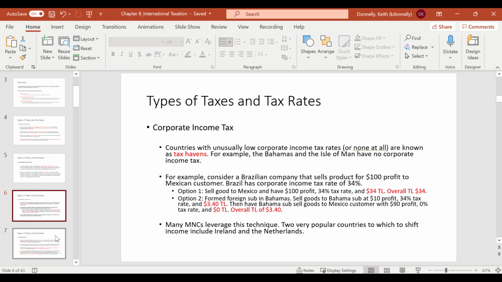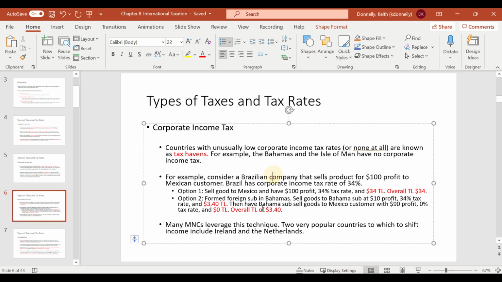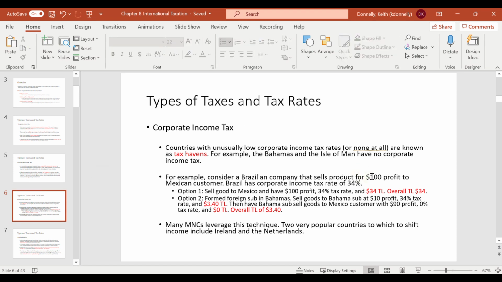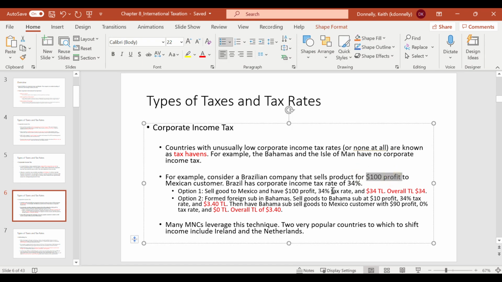So how would this work? Imagine we have a Brazilian company. They have products that are going to generate $100 of income, and they're going to sell them to Mexico. Brazil has a corporate tax rate of 34%. So we have a Brazil company that sells to Mexico.